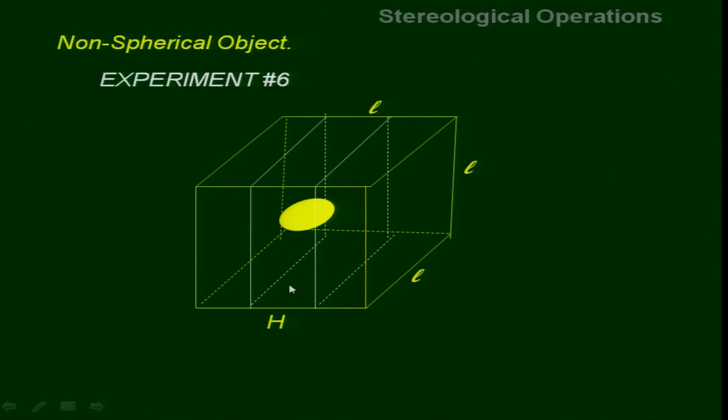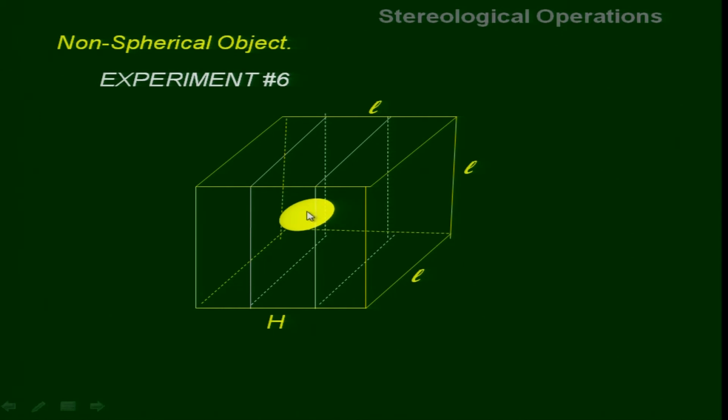So, this distance h between these 2 planes is going to vary with the orientation of this particle. Now, the question is, what is the probability of a random plane cutting an object which also takes up a random orientation? If it was a fixed orientation, then the probability would simply be h, the distance between these 2 planes, which is also called the tangent diameter of the particle, divided by the total length L.